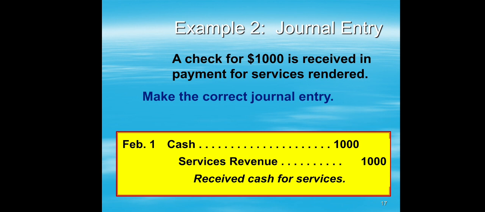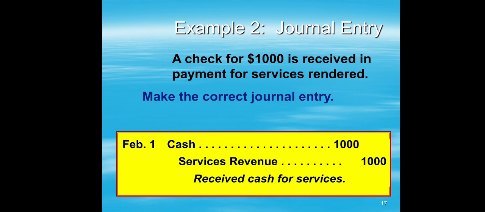Okay, so how to do the journal entry? You remember, asset cash increases 1,000, debit or credit? According to the rule of debit and credit, when an asset increases, you debit. So here you can see the date is February 1st. You debit the asset account cash 1,000.